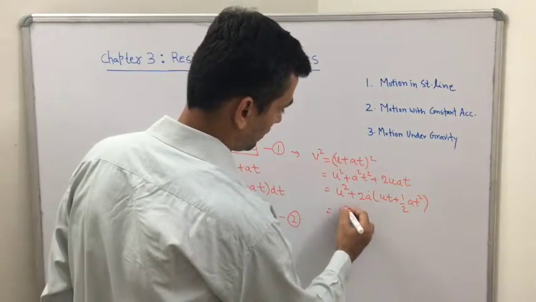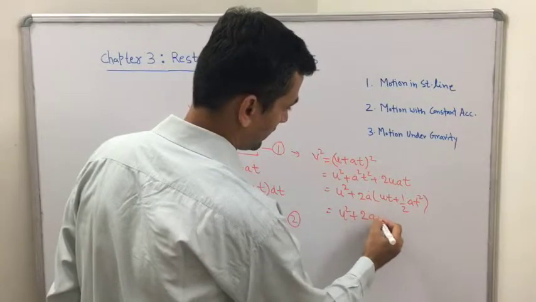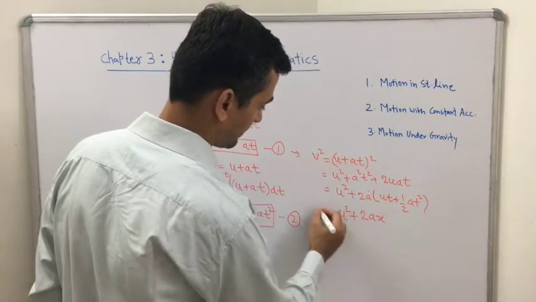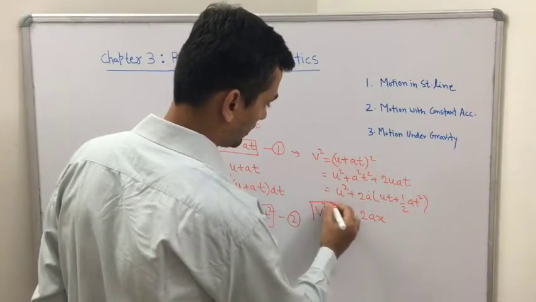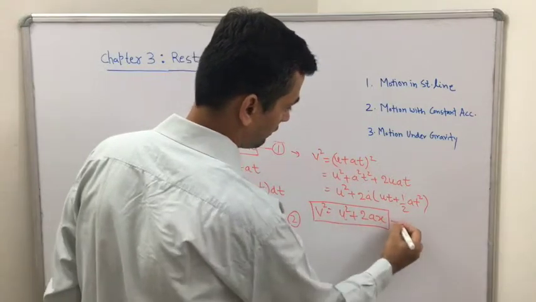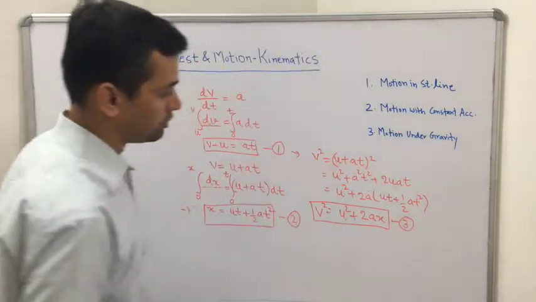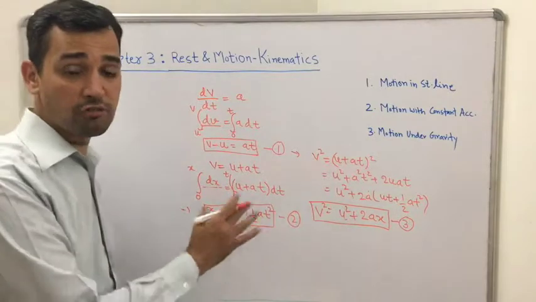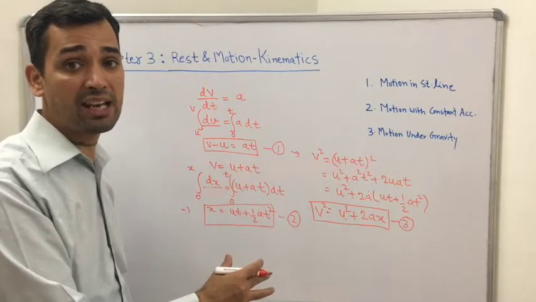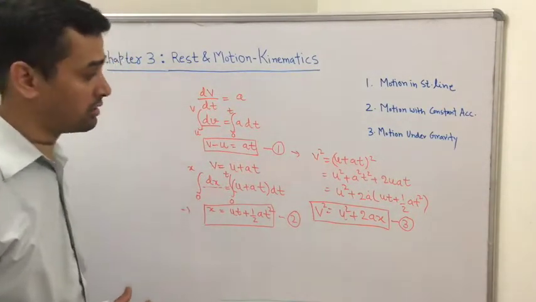And ut plus half a t square is x. So this gives me u square plus 2ax, the third equation of motion. These three equations of motion are only valid when acceleration is constant.